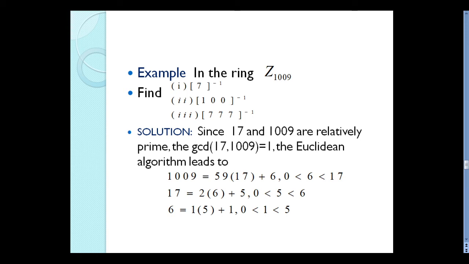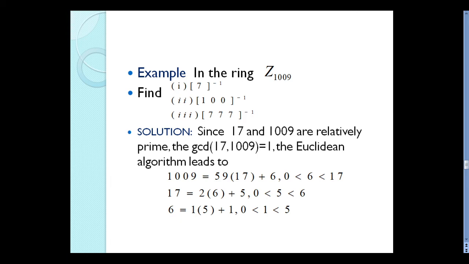When you divide, this is the quotient, this is the divisor and this is the remainder. 59 into 17 plus 6 you will get. So 1009 can be split in this way, where the remainder will lie between 0 to the divisor, 0 to 17. Always the remainder should be less than the divisor.